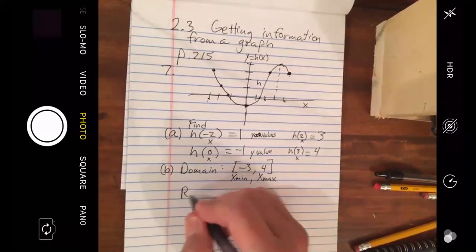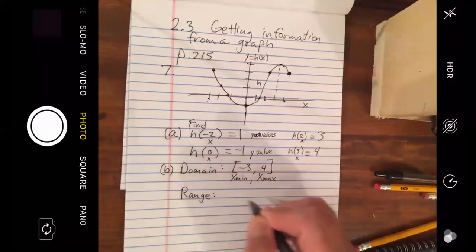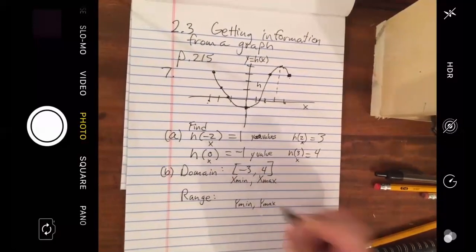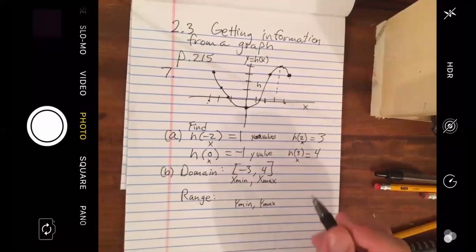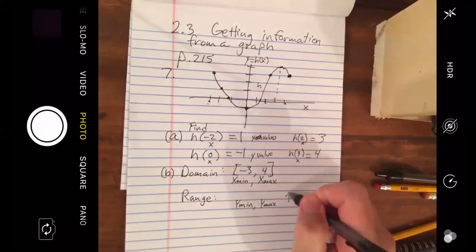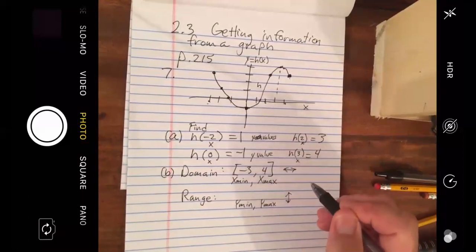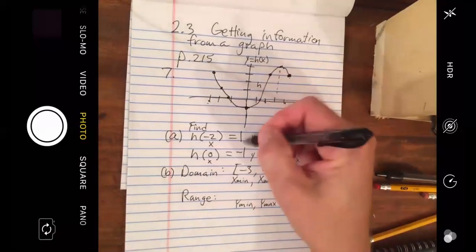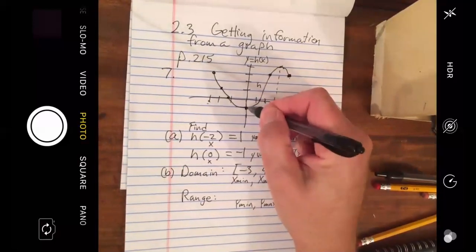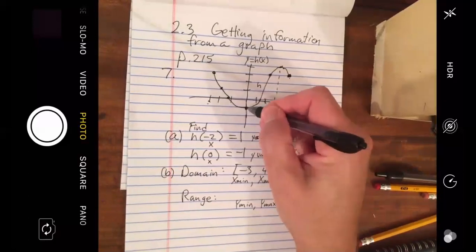For the range, y min, y max. So this is basically going vertically, this is going horizontally. So the minimum y here, thinking vertically, minimum y is right there. Now, the book doesn't have a closed dot there.